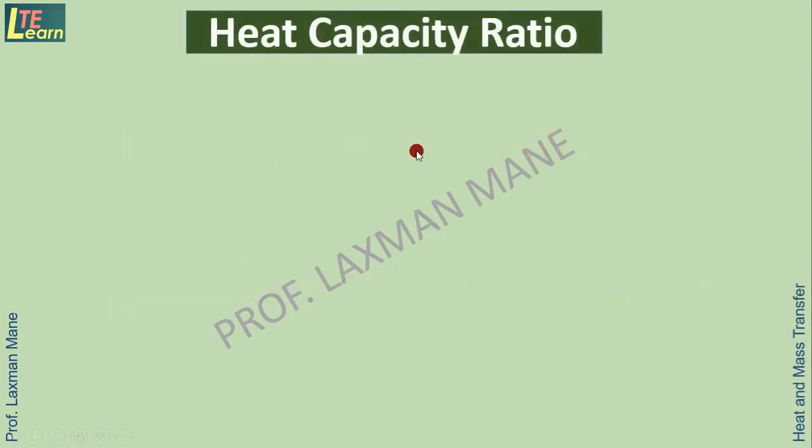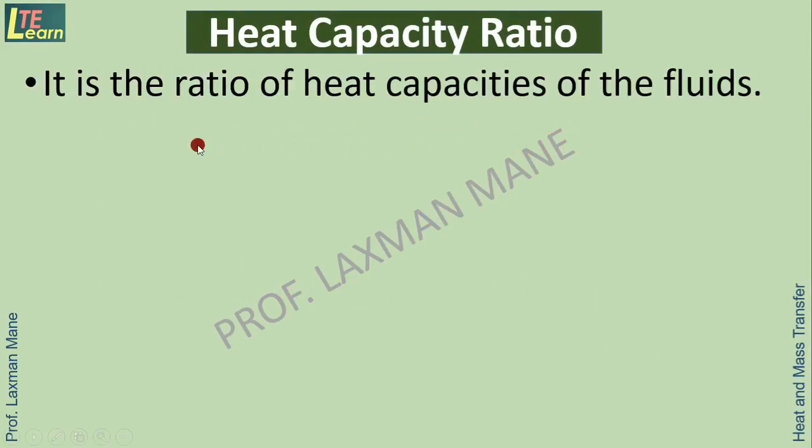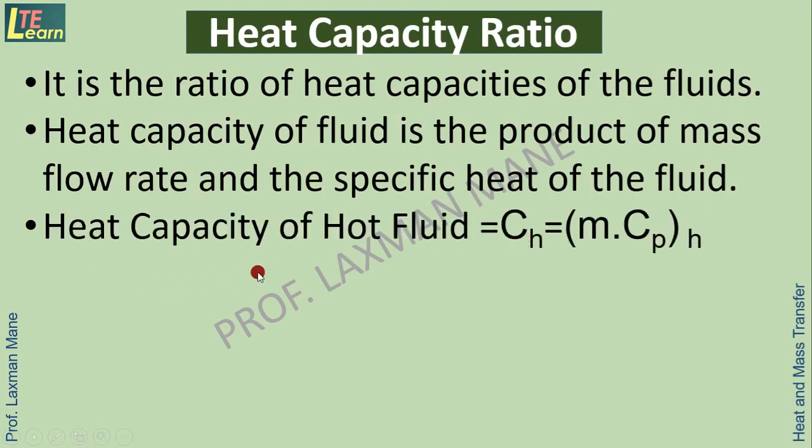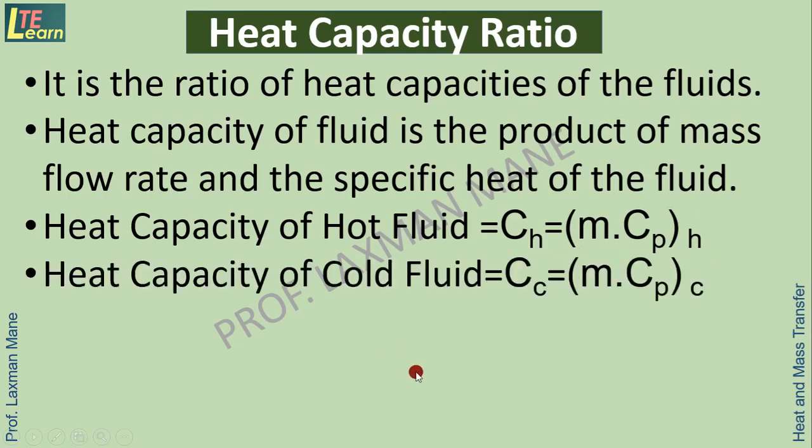Heat capacity ratio is the first parameter. It is the ratio of heat capacities of the fluids. Heat capacity of a fluid is the product of mass flow rate and specific heat of the fluid passing through the heat exchanger. So heat capacity of hot fluid is given as Ch = m Cp for hot fluid, and heat capacity of cold fluid is Cc = m Cp of cold fluid.